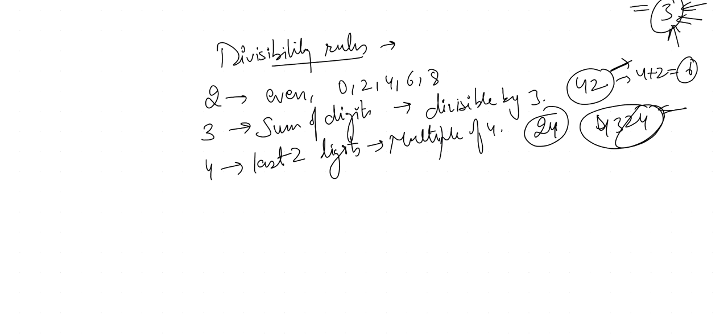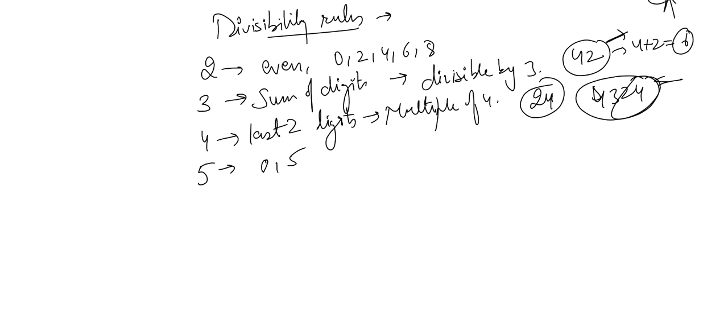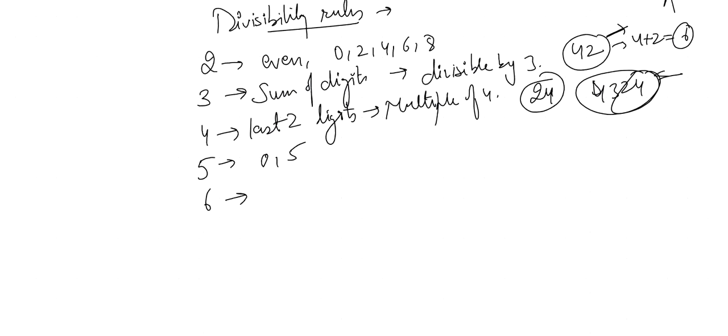For 5, anything ending with 0 or 5. That's it. For 6, anything which is a multiple of 2 and 3 both. For 7, there is no easy rule. The rules are very complicated, so it's better to divide and check.